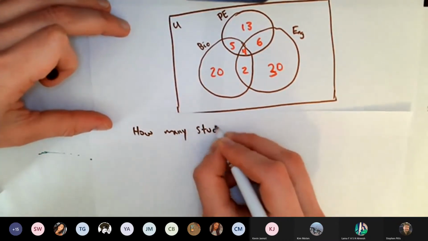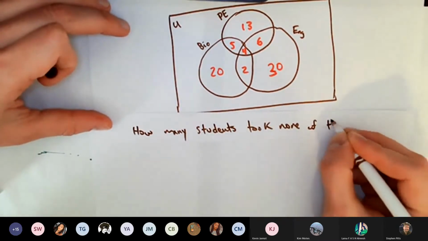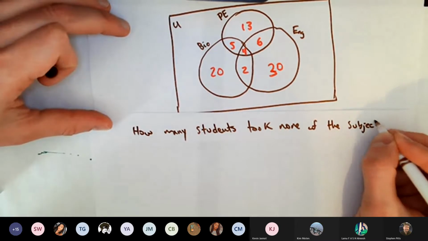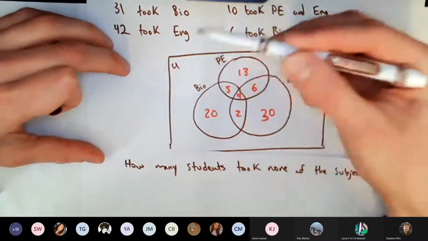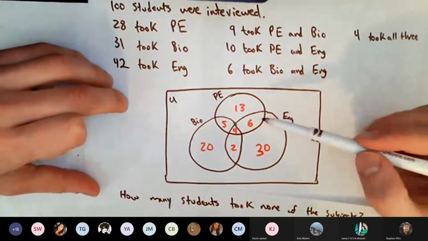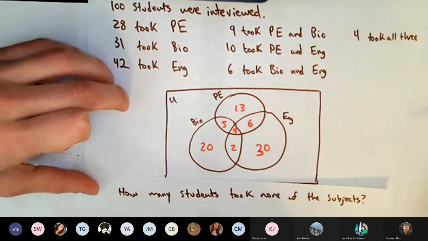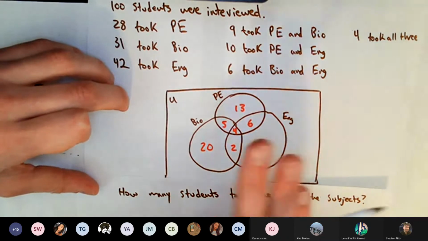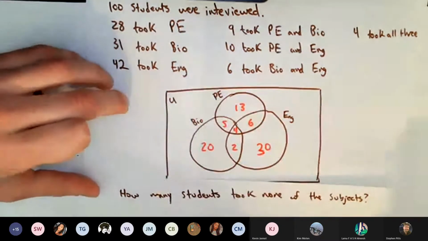Well, we're looking for a number that would go out here in the universal set. There are 100 students altogether in my rectangle, and a lot of them have been organized into these locations here. I want to know if I subtract out all of these students who took PE, biology, or English, how many are left of those 100 students that were interviewed.